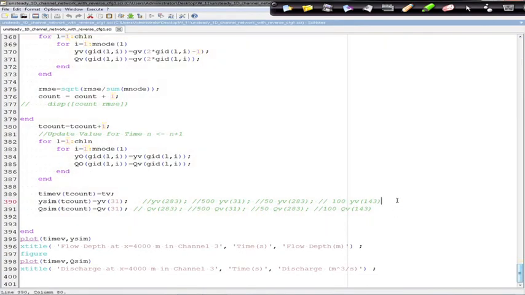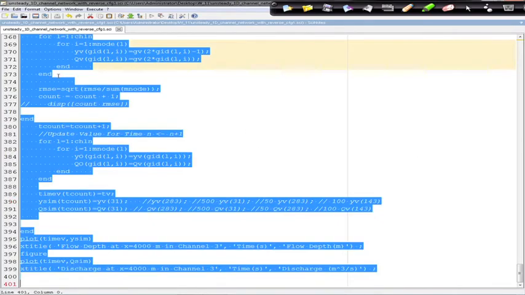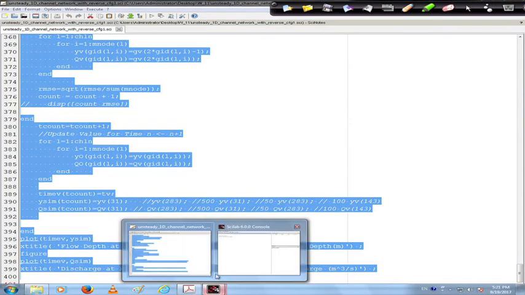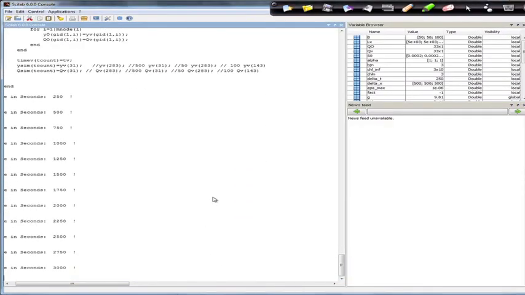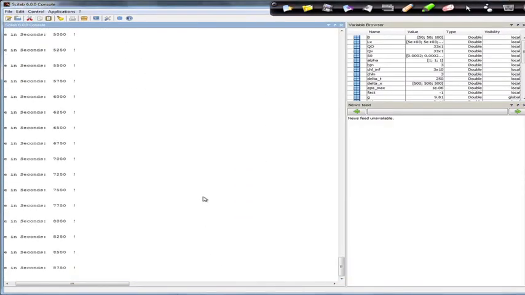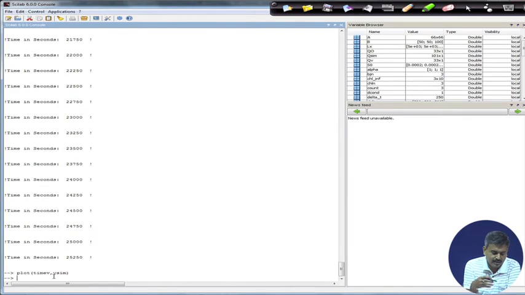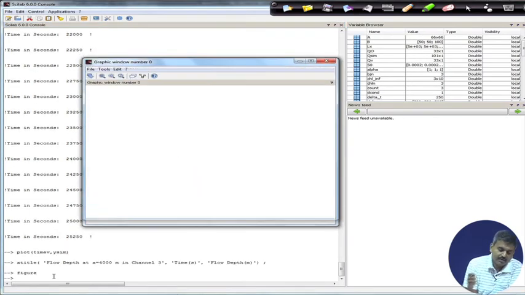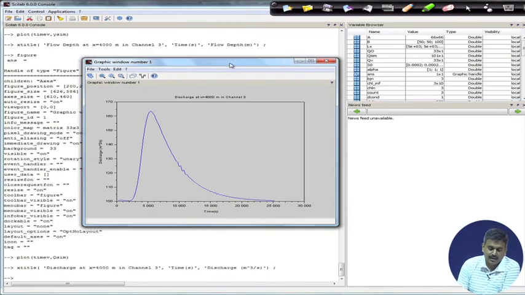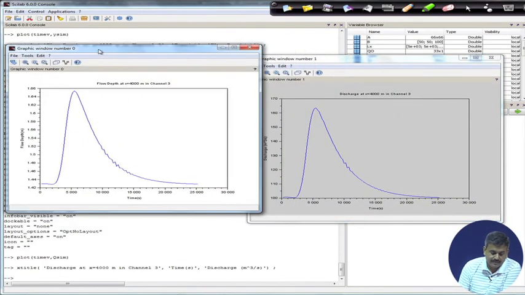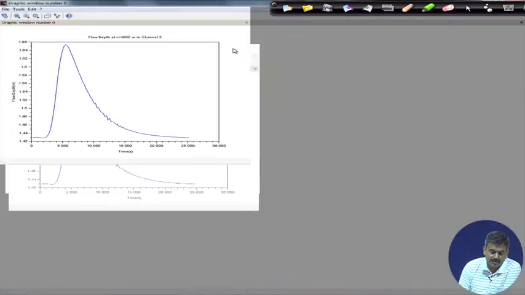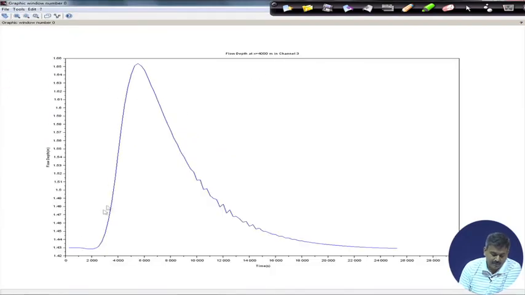Now, if I run this, we see time in seconds, so time is increasing. After each convergence in the space loop, the time is increasing here. Now, in this case we can see that 2 plots are there. One is for flow depth. So, what flow depth are we getting?